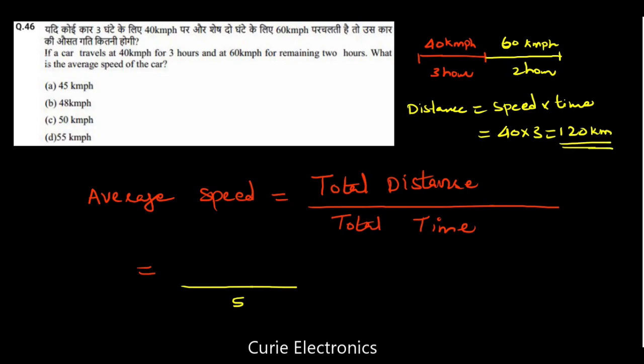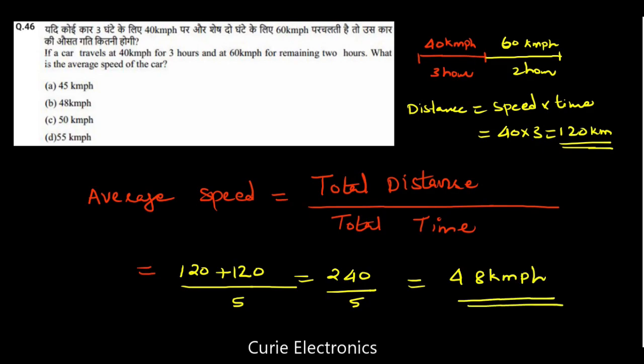He has traveled 120 kilometer in the first 3 hours. Similarly, in the second 2 hours, he has also traveled 120 kilometers. So total distance equals 120 plus 120, which comes to 240. 240 divided by 5 comes to 48 kilometer per hour. So that is the average speed. The answer is option B, 48 kilometer per hour.